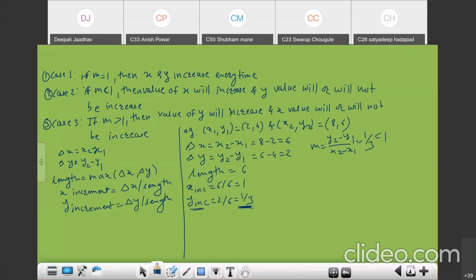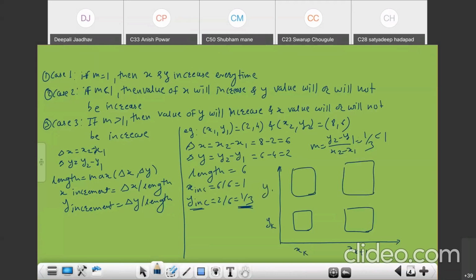So I draw here with the diagram again. Suppose this is a pixel with xk, yk. Next is xk plus 1, yk plus 1. Suppose the first point is here, and the line goes from here.